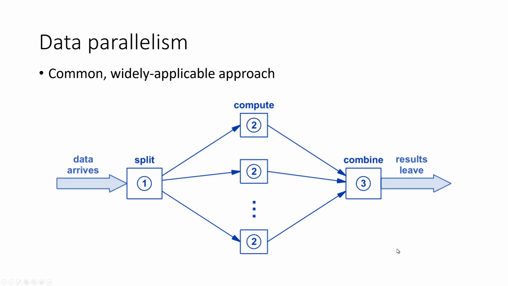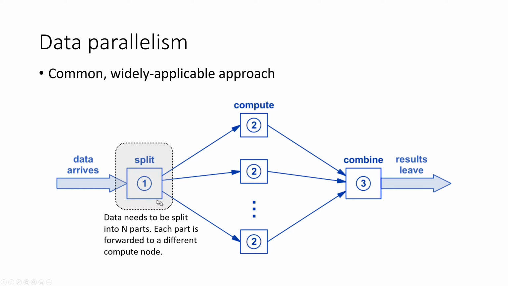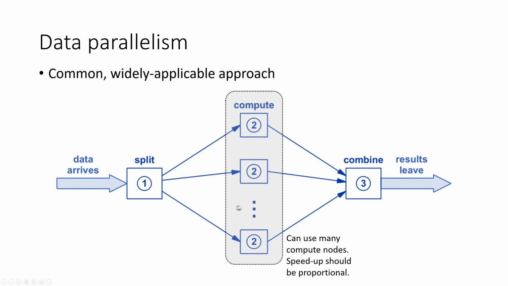A common, widely applicable approach to achieve parallelism is data parallelism. Data parallelism applies to applications whose data we can partition in small fractions and do analysis on each small fraction separately. So the data comes in, we first split the data into n small parts, and then we ship each part to a different compute node.